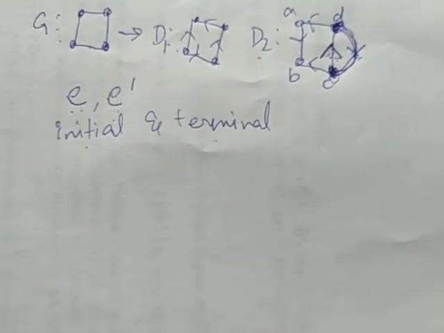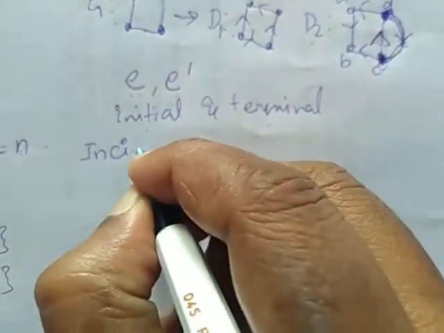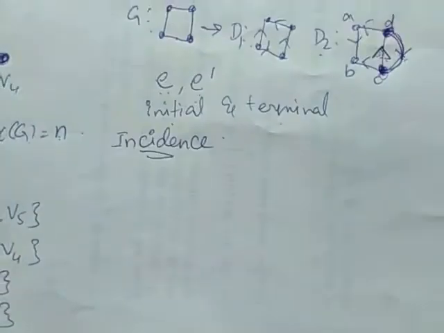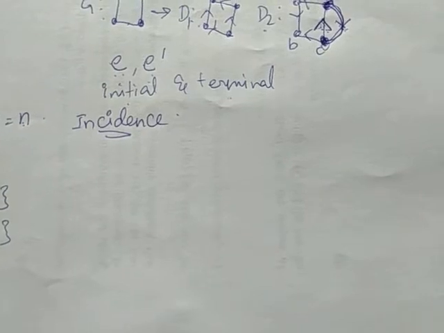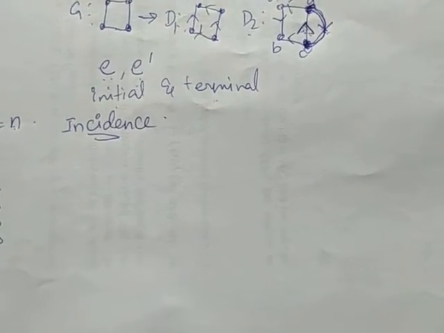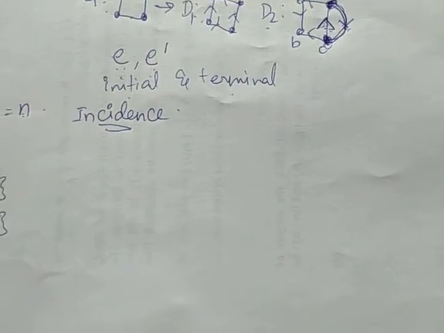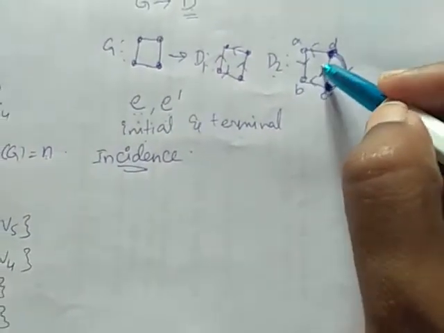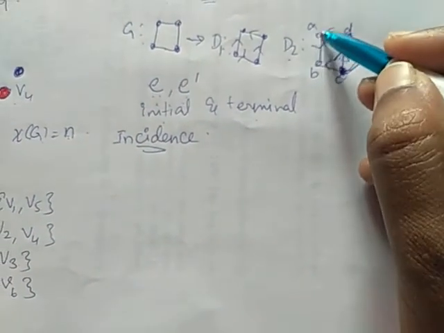Now we are going to study incidence. What is incidence? In a digraph, every edge has two vertices. One is the initial vertex and the other one is the final vertex or terminal vertex. So in every digraph, for every edge there exist two vertices.